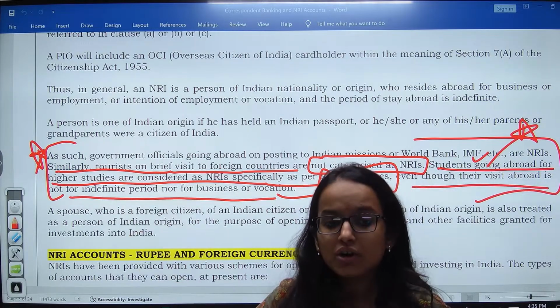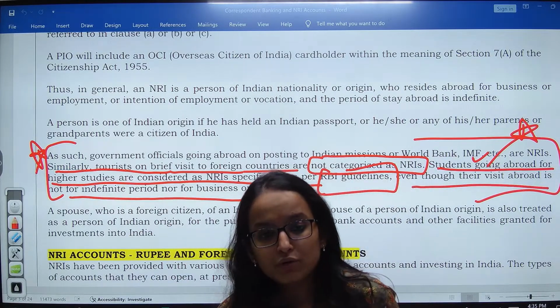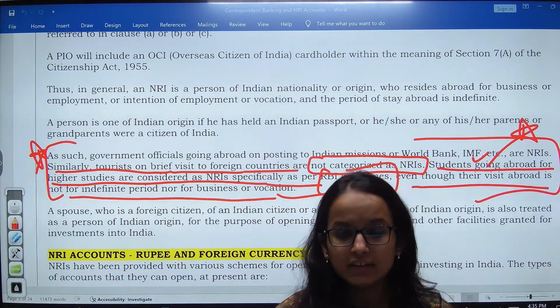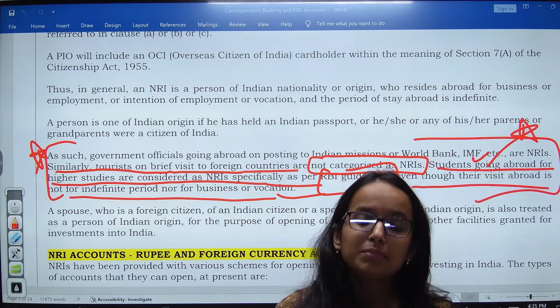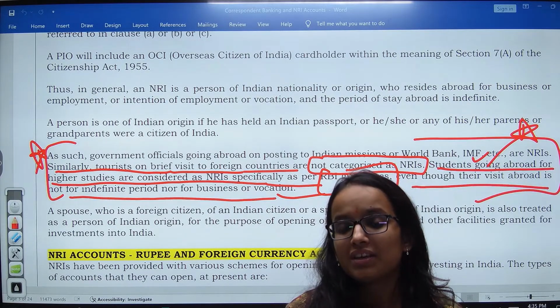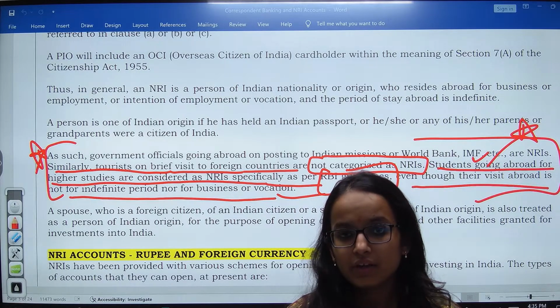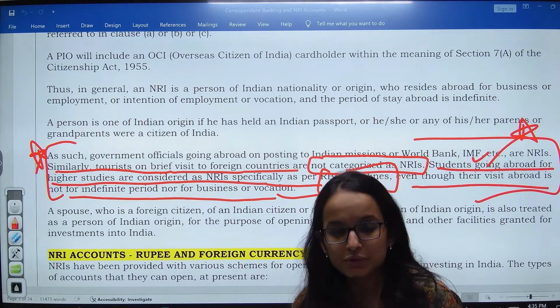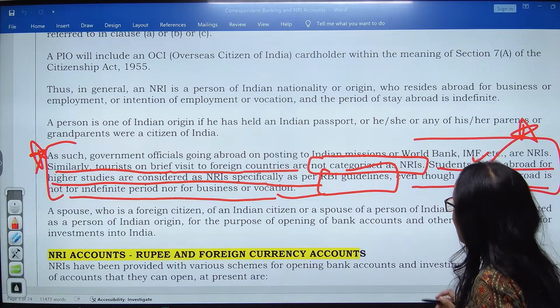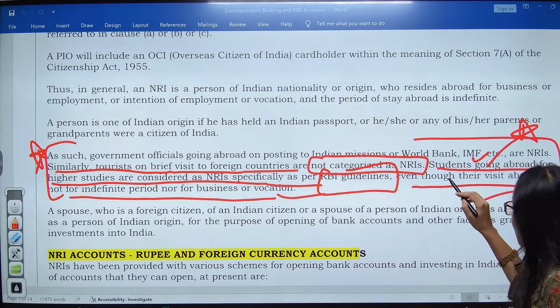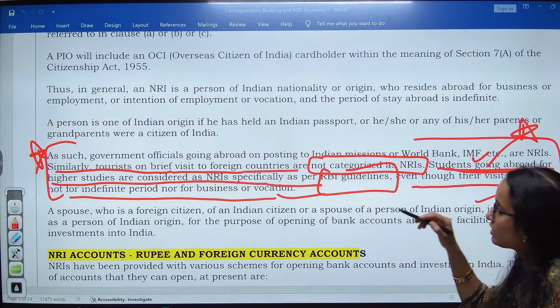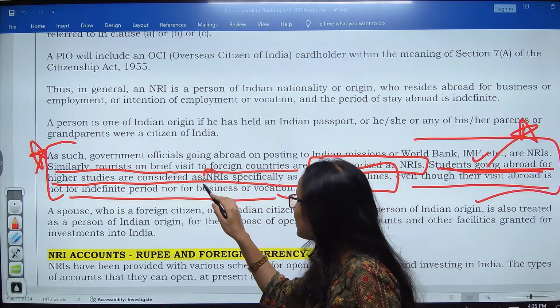FEMA does not classify those people who do not have an indefinite stay as NRI. But then specifically as per the guidelines of the Reserve Bank of India, the Central Bank of India, the RBI, on the basis of specific guidelines by RBI, students going abroad for study are also considered as NRIs.